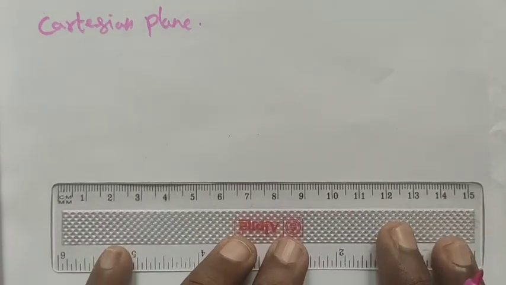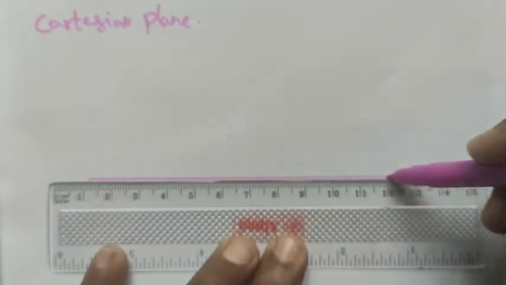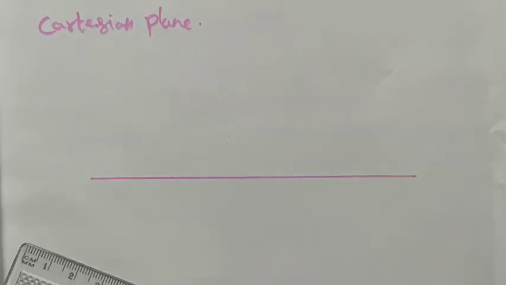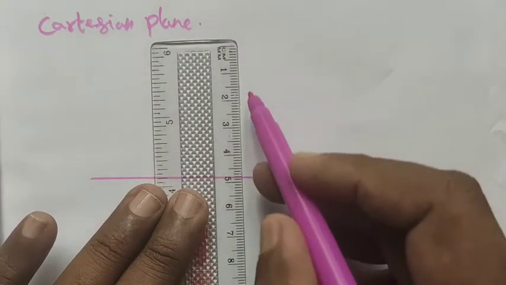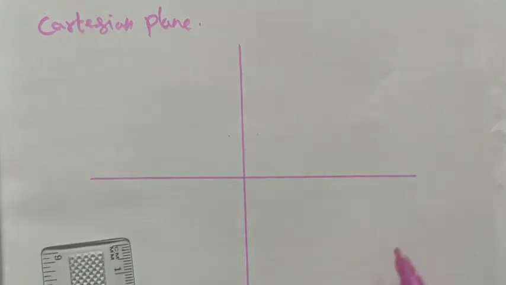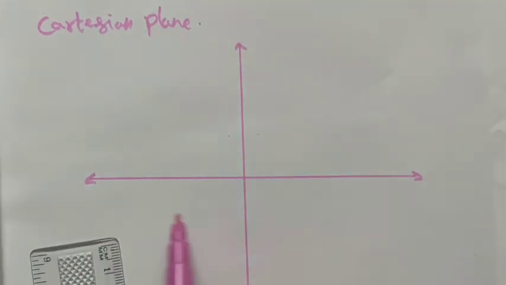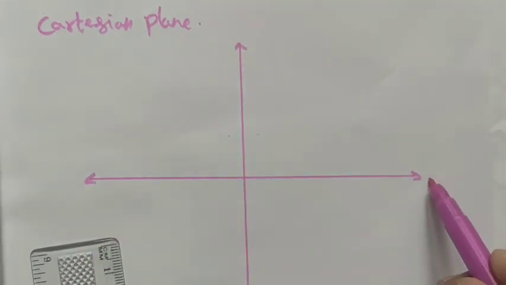The graph is divided into 4 quadrants by a horizontal line and a vertical line. This line should be extended. The horizontal line is always called the x coordinate axis or x plane.